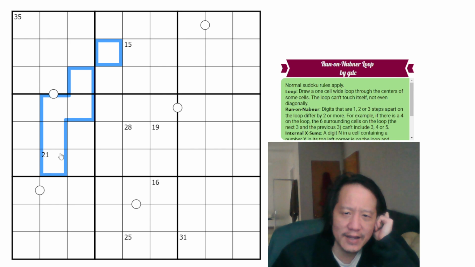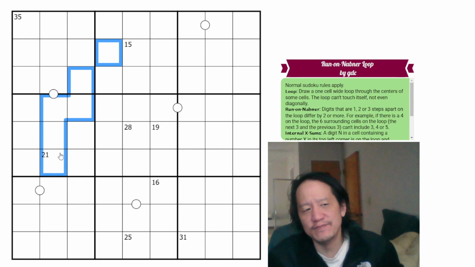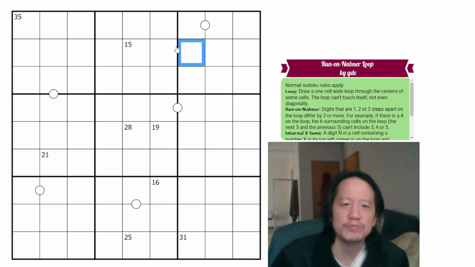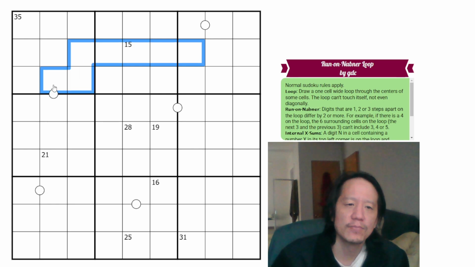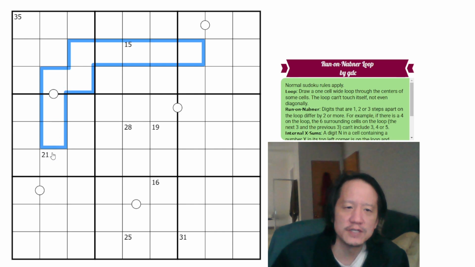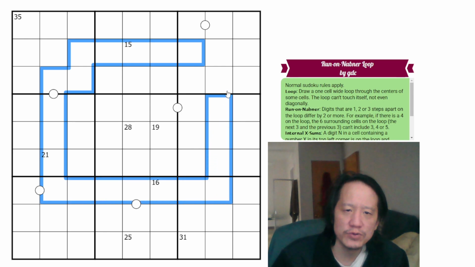But that's very unusual. I don't think I've ever seen a loop drawn that way. Usually loops have to orthogonally connect, which means that they have to share a border to be a functional loop, right?